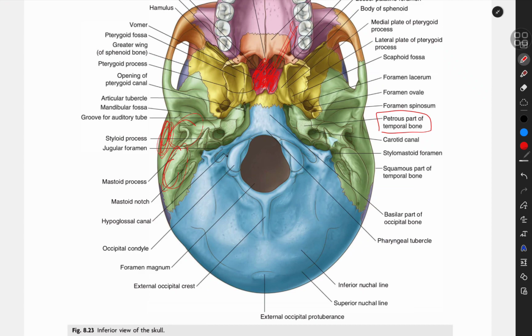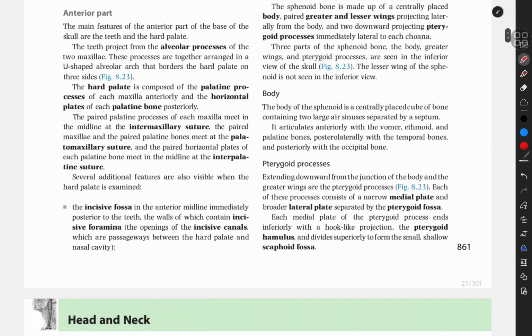The petrous part of the temporal bone is here. So petromastoid should be here, I think.